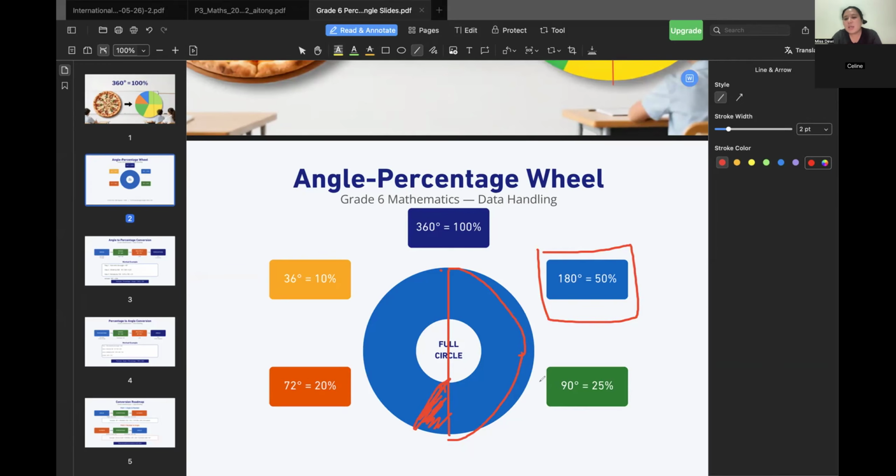And then 90 degrees is 25%. That's the principle. Let's continue. After you know all these principles about the angle, how many degrees they have, and how many percent each degree is, then it will be easier for you to figure out the data.